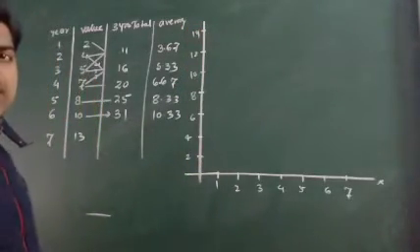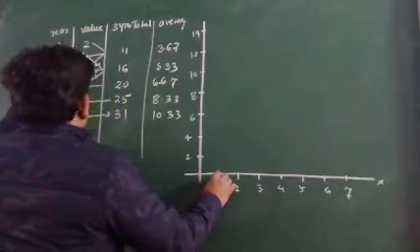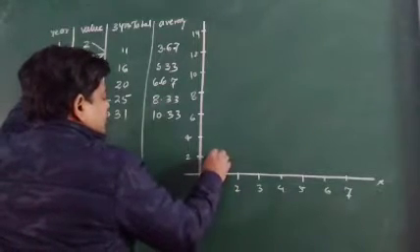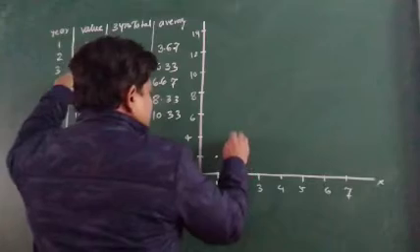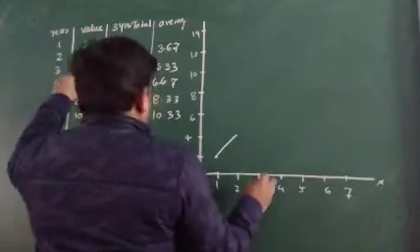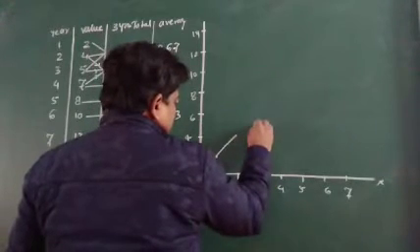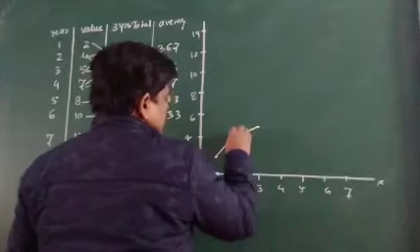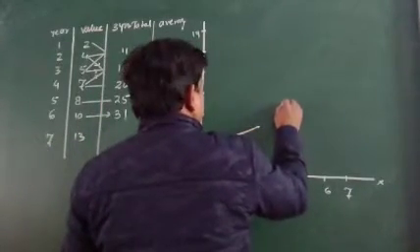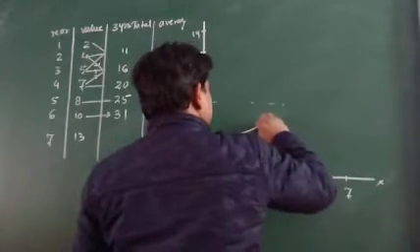And now, as we know, on the x-axis, when it is 1, the value was 2. When it is 2, it was 4. I can join this to this. Then when 3 is 5, I can write here, and this can be like that. Then 4 is 7, it almost comes here, and it is 7.